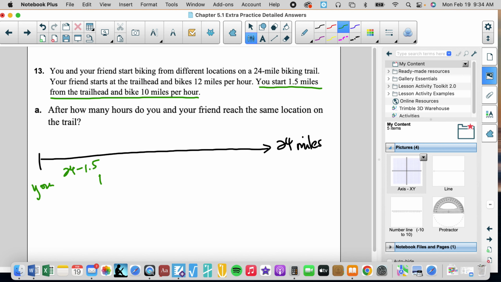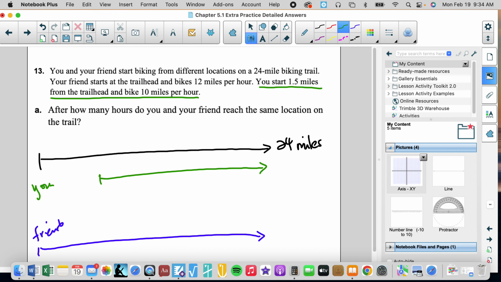All right, we're figuring this out. Your friend is going to start at the trailhead. So we don't want to do it to 24. You want to do it to your friend's distance. This is going to be your distance, right?